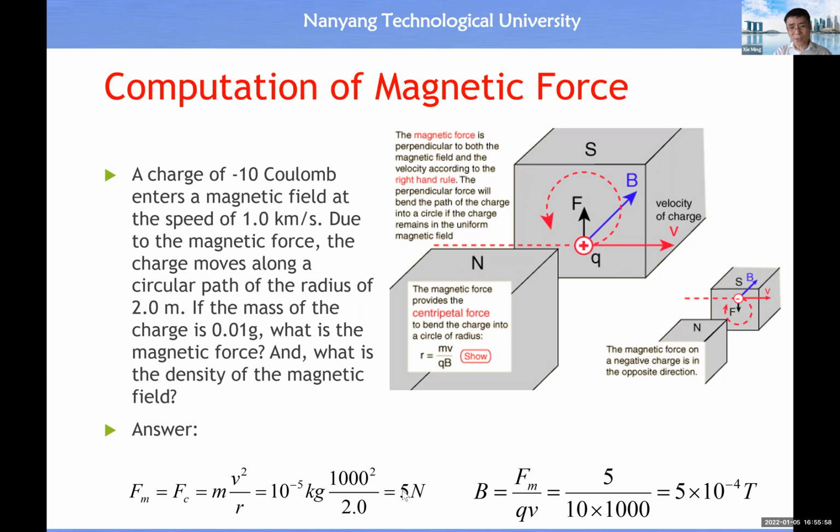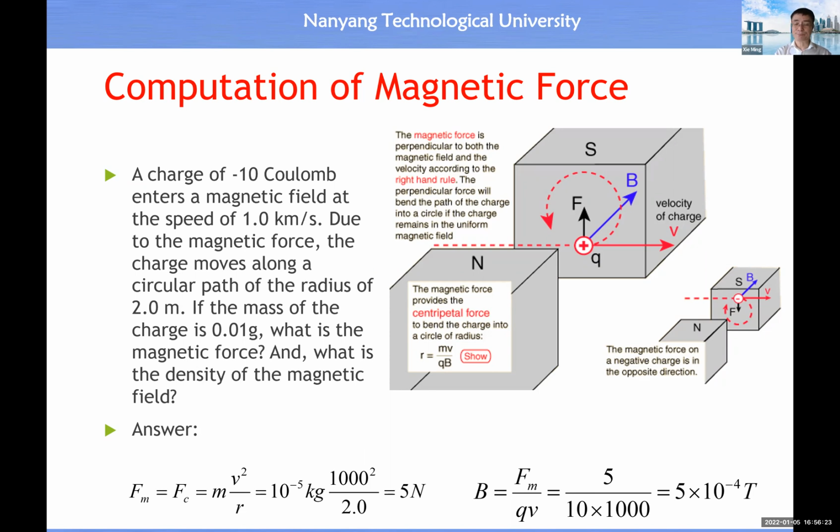Once we know the magnetic force, we know that the magnetic force is proportional to Q and proportional to the circular velocity V. Then B should be equal to F divided by QV. We know Q, we know V, we know F, so we should be able to calculate B. So B is equal to this value. The unit of measurement is Tesla.